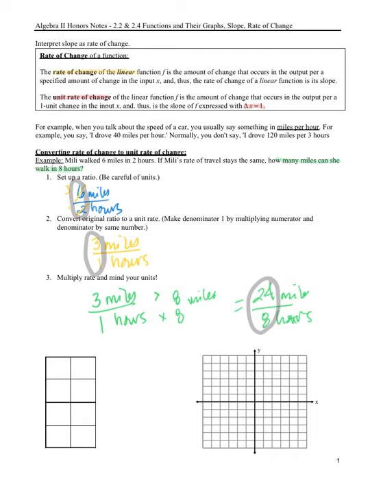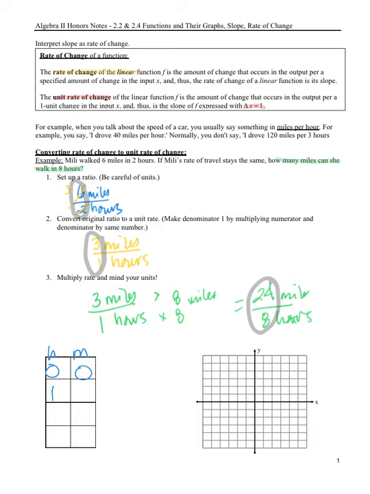Now, if I wanted to graph this information, I could say, all right, well, think about what's my input and what's my output. Miles per hour, for every hour, I'm going to go a certain number of miles. So if I don't travel any hours, well, I've traveled no miles.